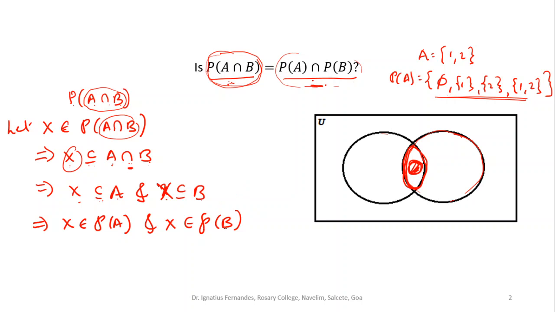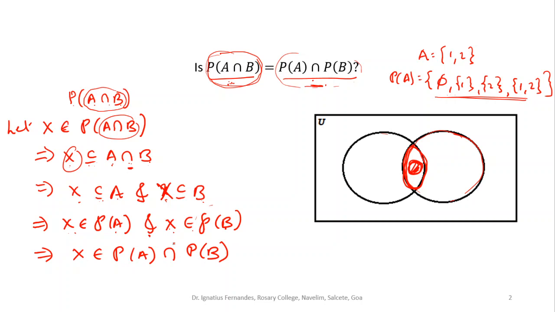Because power set of B is the collection of all the subsets of B, and X is one of the subsets of B. So X is in power set of A and X is in power set of B as well; it is a common element in both the sets. So X is in the intersection of power set of A and power set of B.